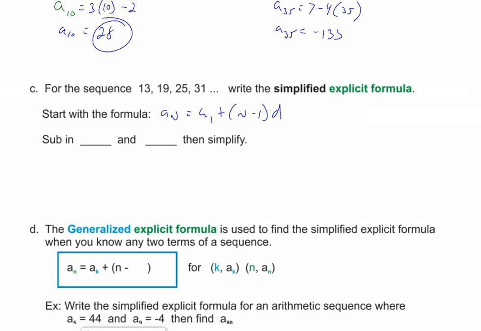Sub in a sub 1 and sub in D and just simplify. And you'll end up with the simplified explicit formula. Okay, so why don't you go ahead and do that. Again, you got a sub n equals a sub 1 plus the quantity n minus 1 d. Sub in the value of a sub 1, sub in the value of d, simplify that little equation. And there you are. Again, if you're not sure what to do, you can look up here.